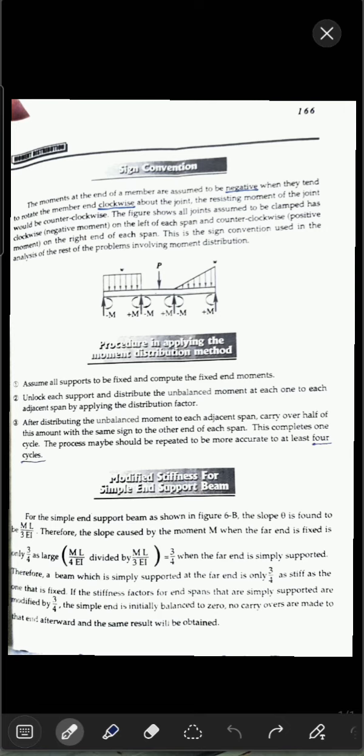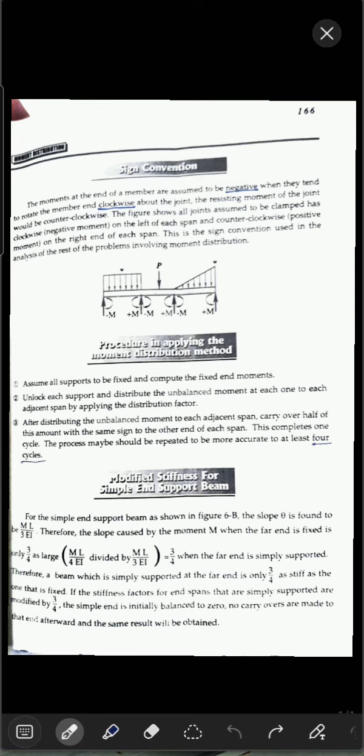So unlock each support and distribute the unbalanced moment at each one to each adjacent span by applying the distribution factor. Later we will elaborate on the distribution factor and what an unbalanced moment is. It will be discussed and explained better when we have an example.